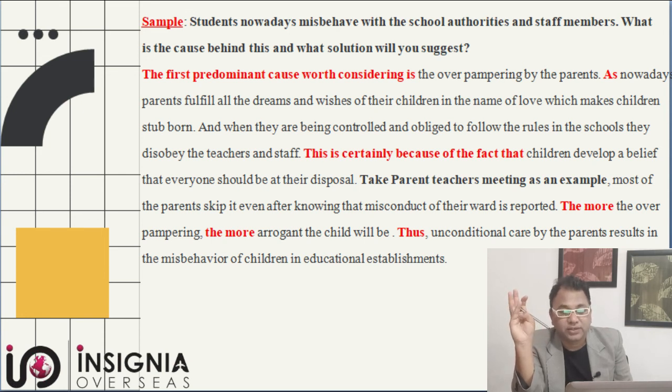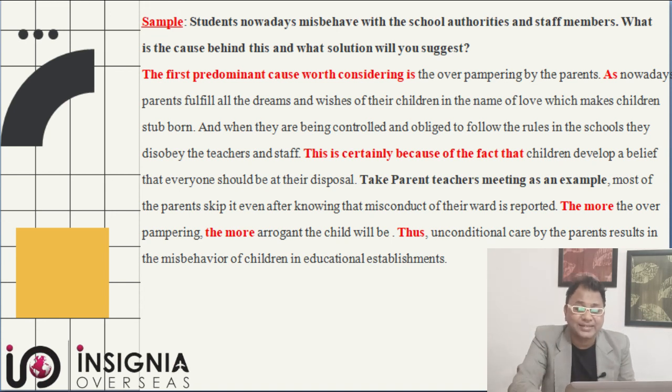The first part: start with the main idea in maximum 2 or 3 sentences. Do not exaggerate it further. Second part is start your explanation with the words like as, if, when. Go for a strong reason by using structure like this is certainly because of the fact that, this is obviously because of the fact that. Then move on to the example, give example.